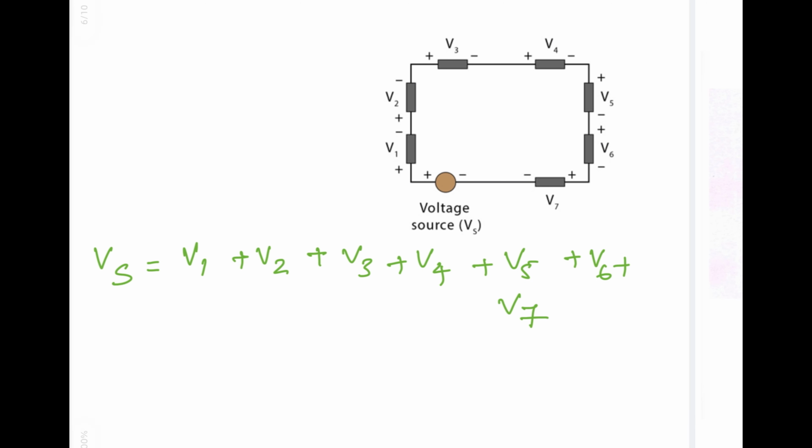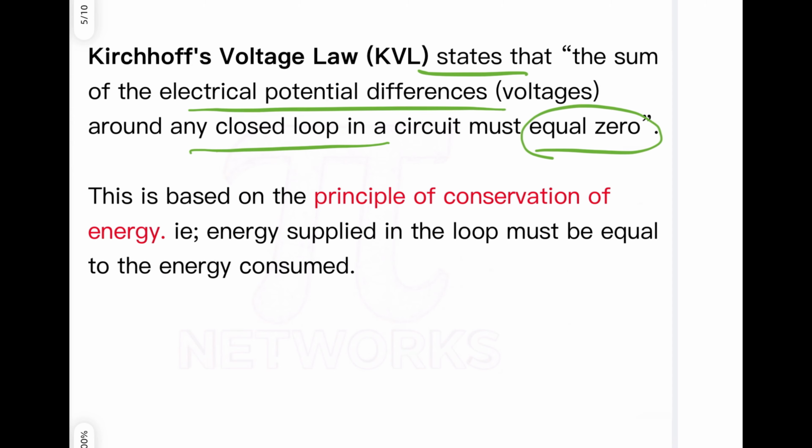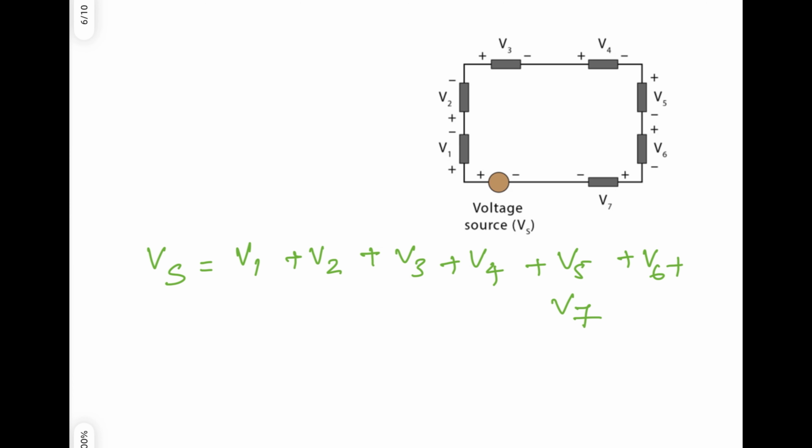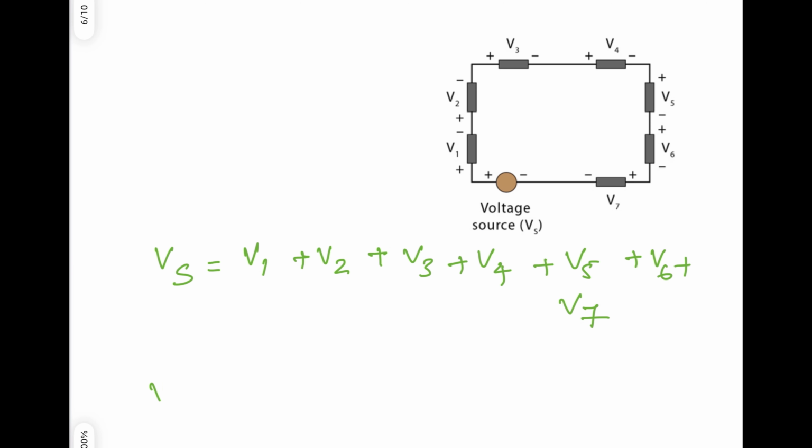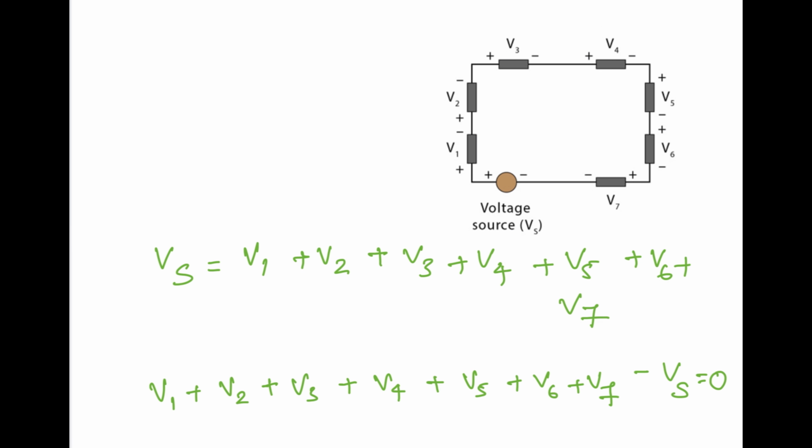What is our statement? It states that the sum of the potential differences around any closed loop must be equal to 0. So we can rearrange this as V1 plus V2 plus V3 plus V4 plus V5 plus V6 plus V7 minus Vs equals 0.